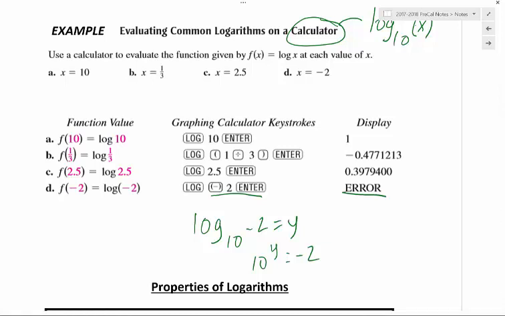You just cannot do it. It is not possible. Why? Because there's no way you can raise 10 to a power to become negative 2. Now, there may be some way you could raise negative 10 to a power, but there's no way you can do a log of a negative number.